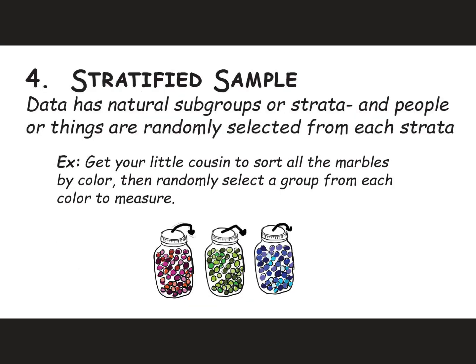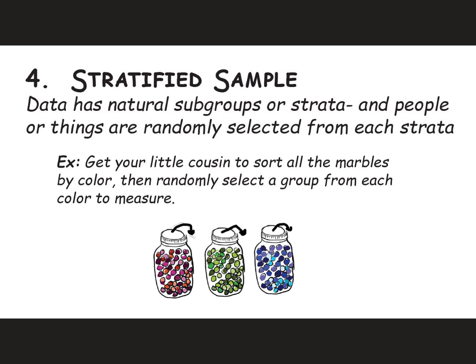A stratified sample. So a stratified sample says, well, there's natural strata, natural groups in there. And so if I want to sort the marbles by color, and then I would take a handful of each color, right?